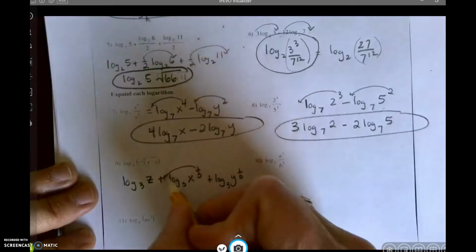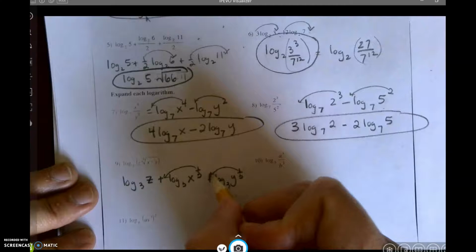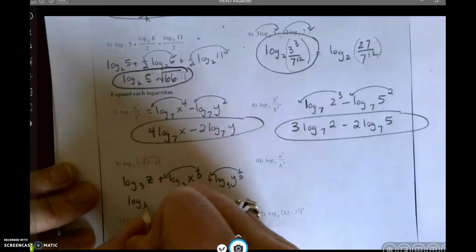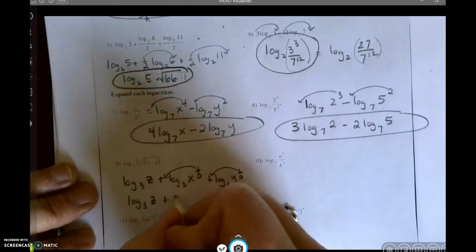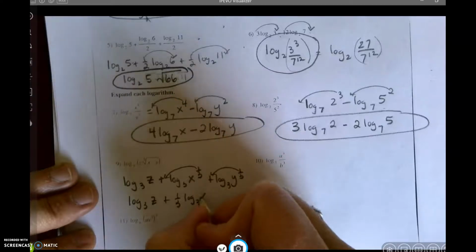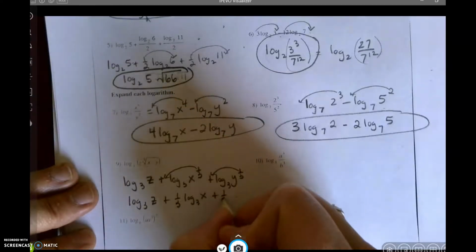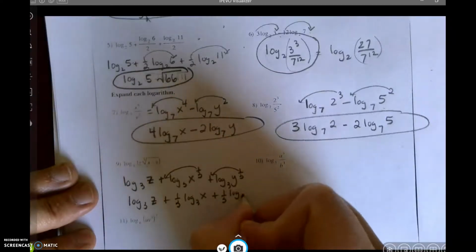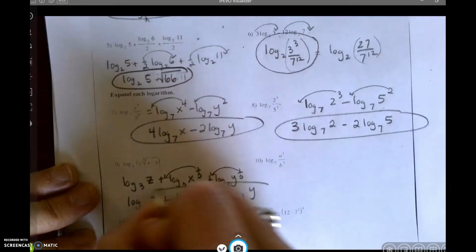So I'm going to move that exponent to the front, and I get log base 3 of z plus 1/3 log base 3 of x plus 1/3 log base 3 of y.